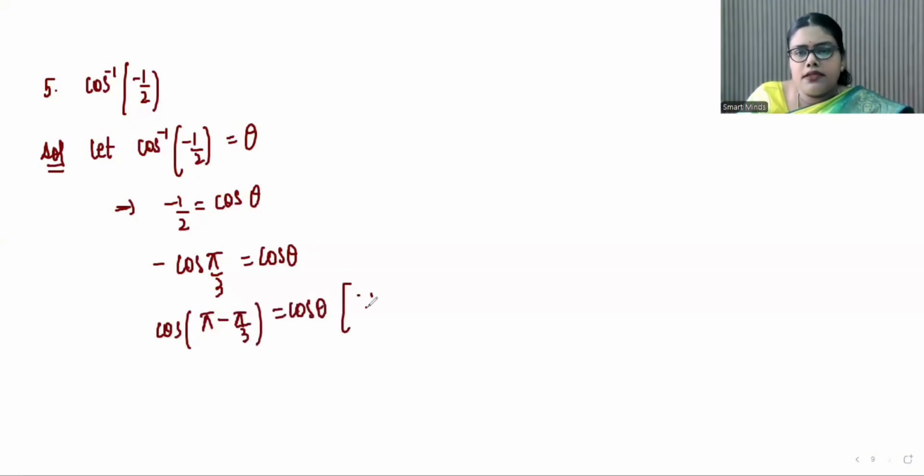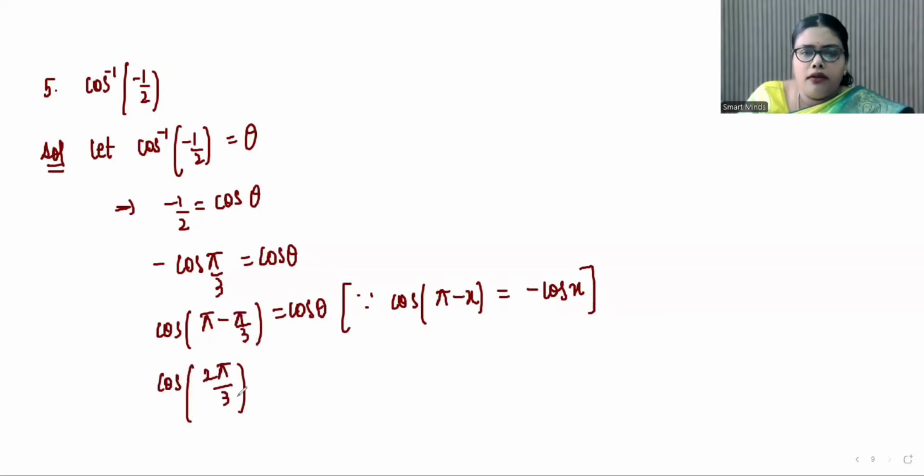Since cos pi minus x is equal to minus cos x. So we know that if we take LCM, pi minus pi by 3 will become 2 pi by 3. So this is 2 pi by 3 equals cos theta.